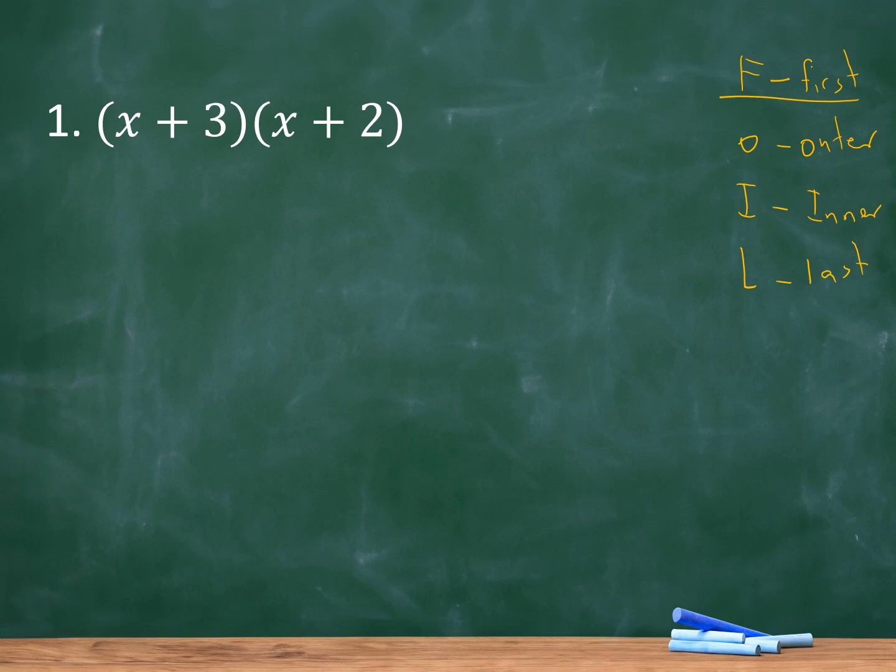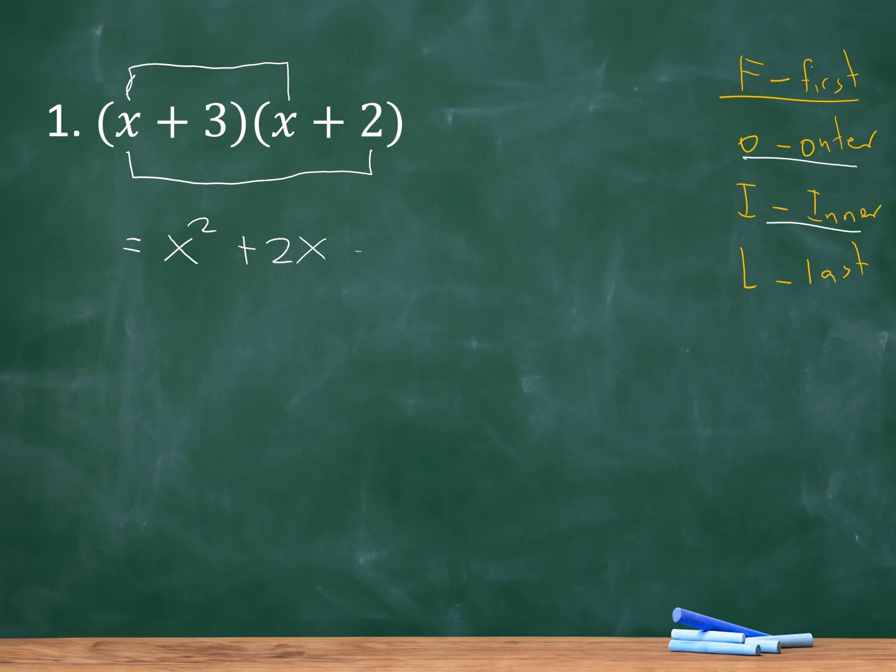We will multiply the first terms. So it's gonna be x times x. X times x is x squared. And then next would be O, or outer. So we will multiply x and positive 2. X times positive 2 is positive 2x.